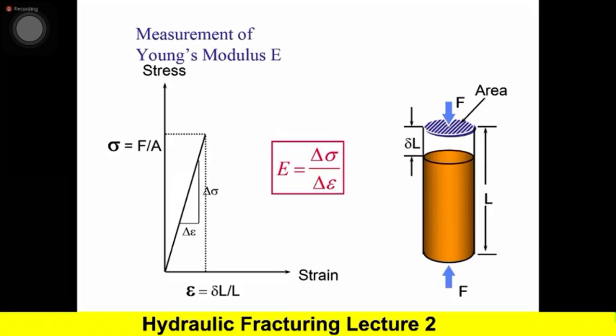Young's modulus for a hard sandstone may be 5, 6, 7 million psi. The stress is in psi. The strain is unitless, a dimensionless parameter, because it's length divided by length.